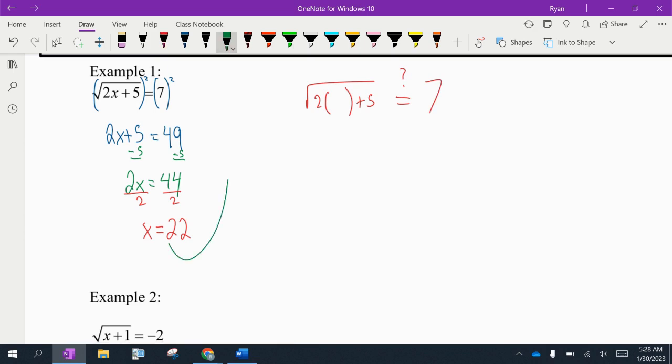When I plug in this 22 where that x was, does it make the equation work? 2 times 22 is 44. 44 plus 5 is 49. Then I would be taking the square root of 49. Does that equal 7? Yes, it does. So my answer is, in fact, correct. You have to check that at the very end.